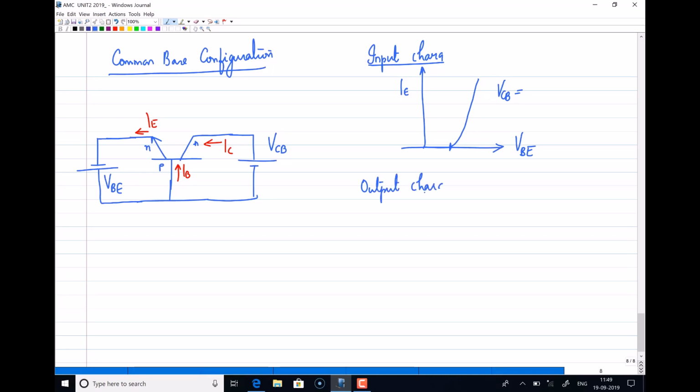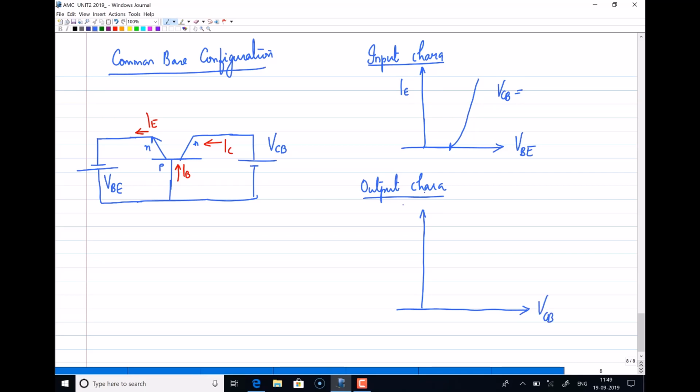Now similarly we'll write the output characteristics of the transistor. Since the input side is a forward biased PN junction, the characteristic resembles that of a diode.